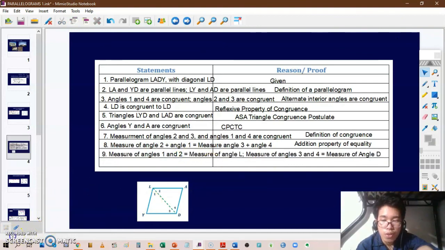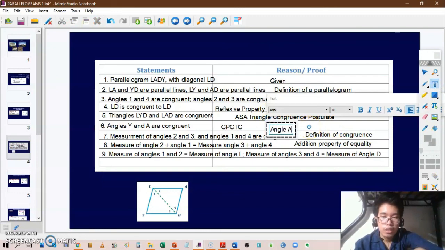The proof of that is the angle addition postulate, for number 9.